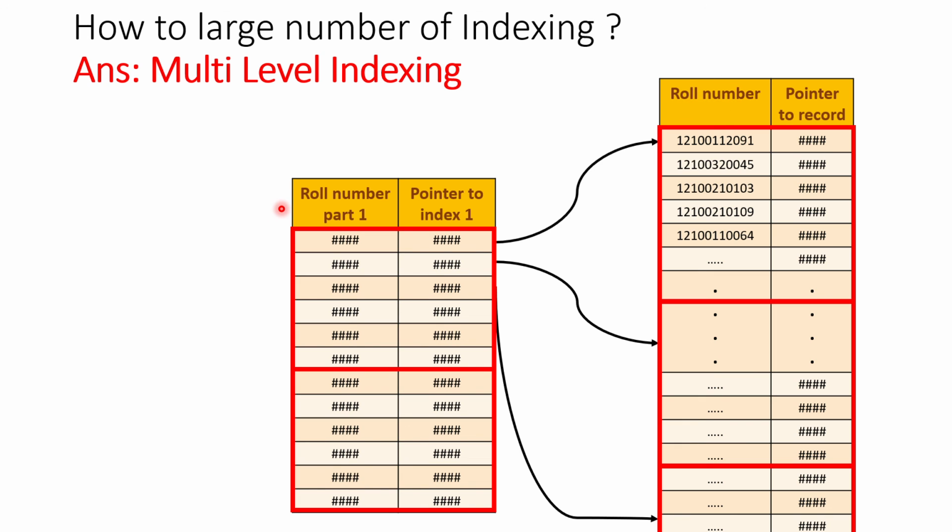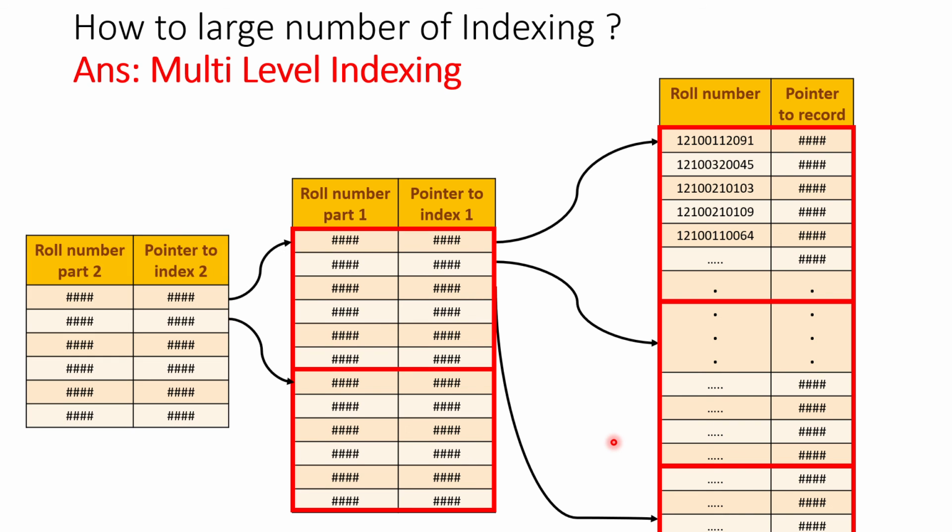And now somehow I have broken the roll number into two parts. This roll number part 1 points to index 1, something like this. This is roll number part 2, pointed to this again. So in this way, we can form multiple levels of indexes to identify a particular block, something like this.